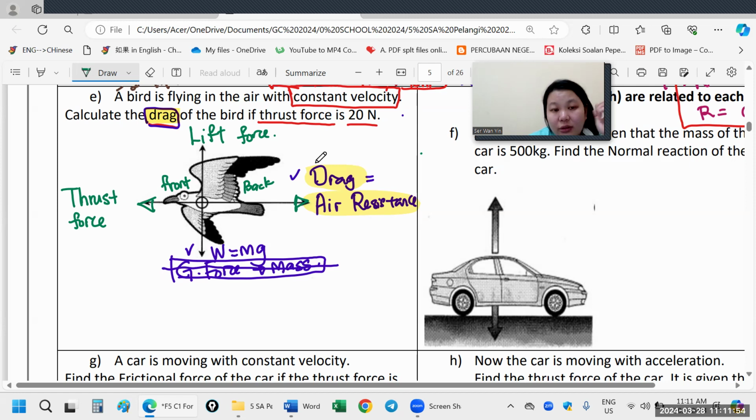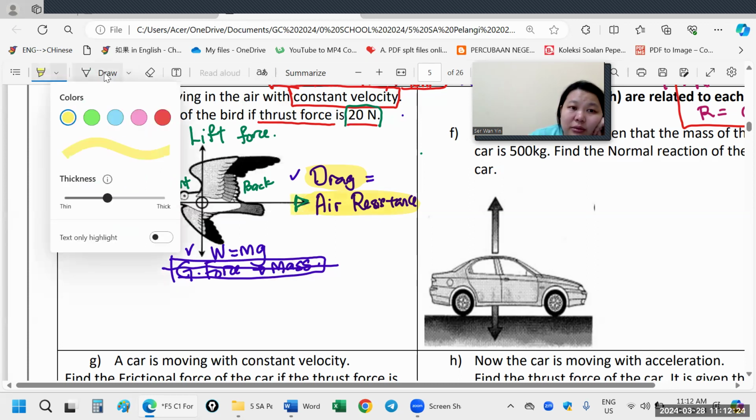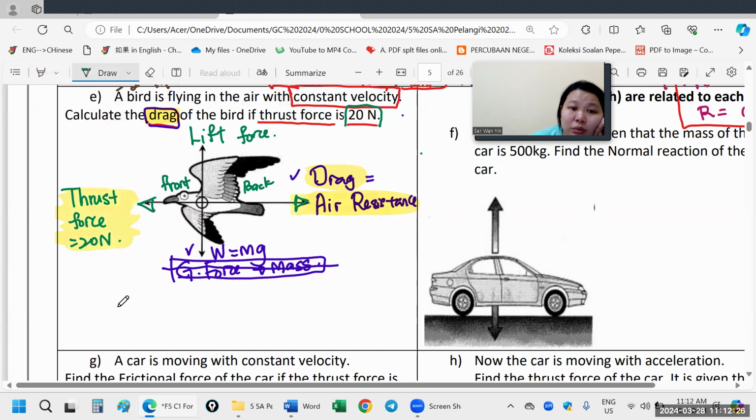Everything here is a force. So now they say the thrust force is 20, so on the diagram we label everything. Thrust force 20 Newton. Now, yes, we can do it because drag is to the right, thrust to the left. So when they are parallel, yes, we can do it.